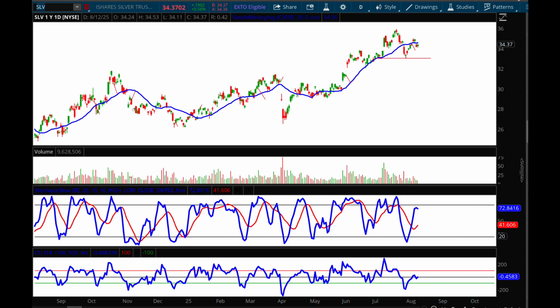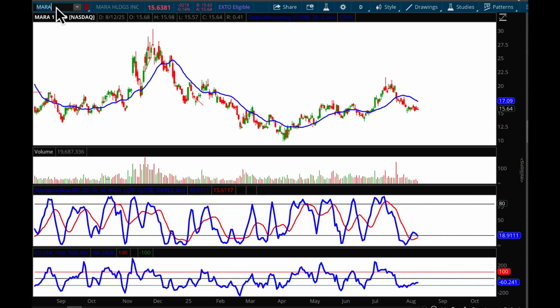All right, let's do another example here in MARA, Marathon Digital Holdings, Inc. Let's say that you want to buy the stock and you buy it at $15.64. You look to the left and you say, there's a good support level down here around 15, so I want to put my stop somewhere below support.